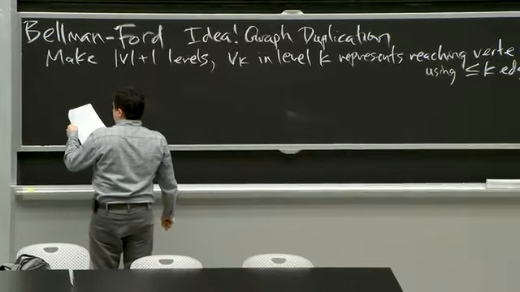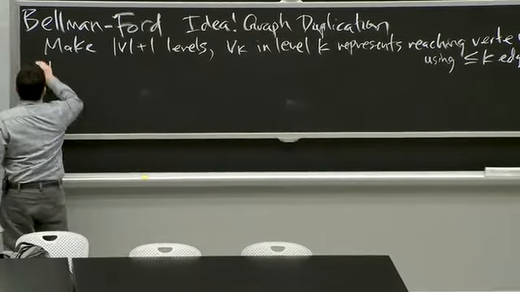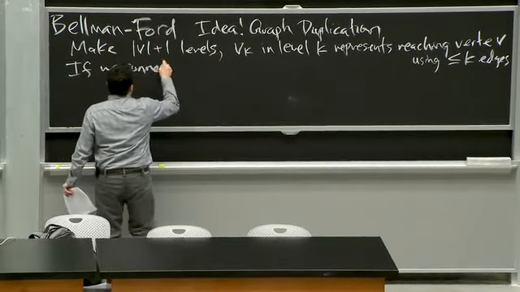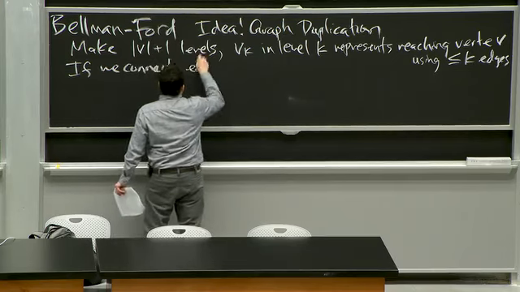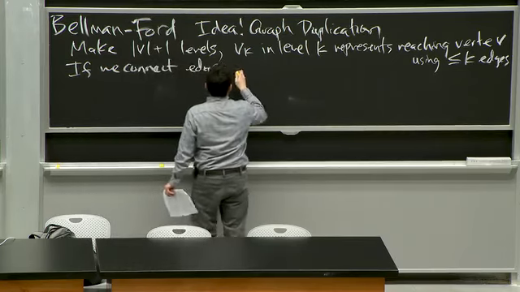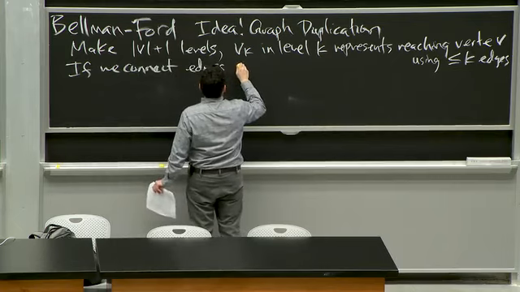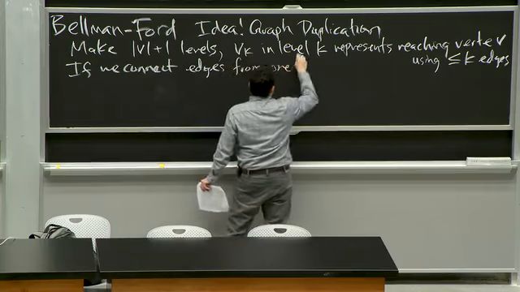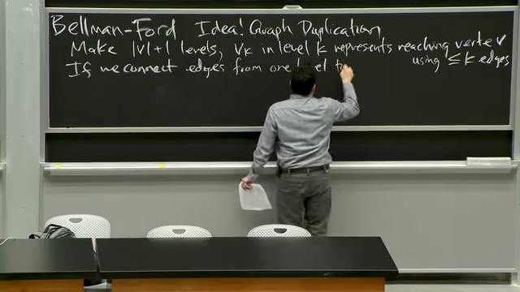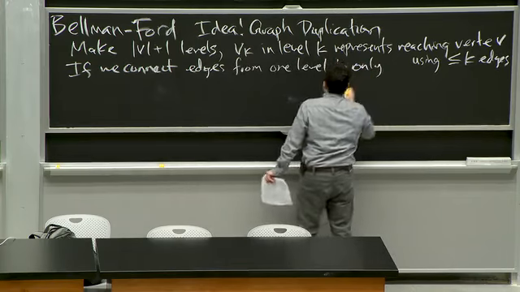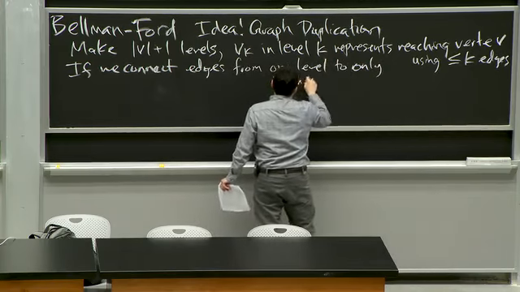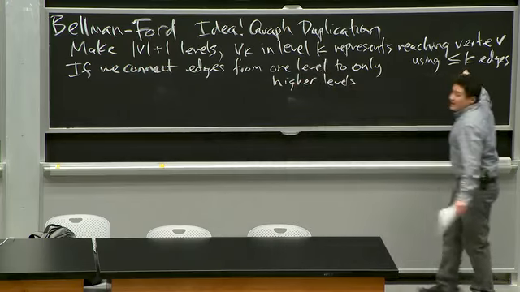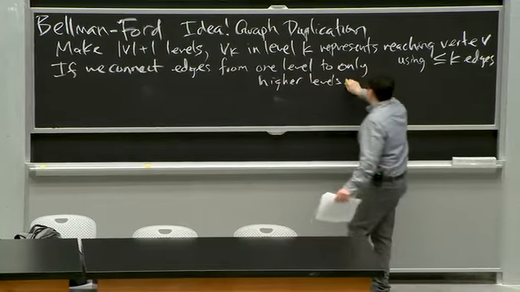And if we connect edges from one level to only higher levels, basically levels with a higher k, then this graph is going to be a DAG.